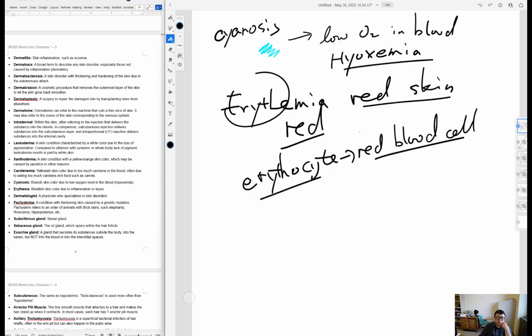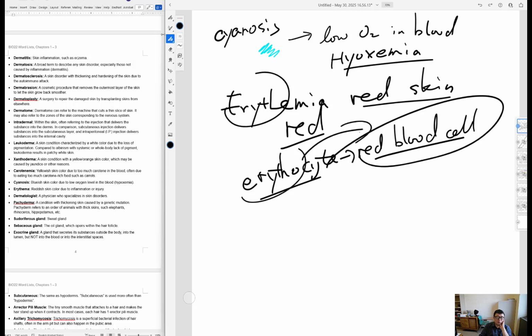Both words are actually used nowadays, but erythrocytes is not really better than red blood cells. This is just a regular word used by the ancient Greeks.